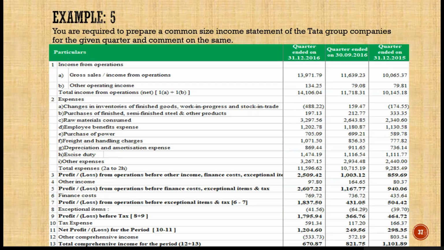Then here they have added other comprehensive income, and the last heading is total income for the period, for the quarters ended December 2015, September 2016, and December 2016. Now see the solution of the same.